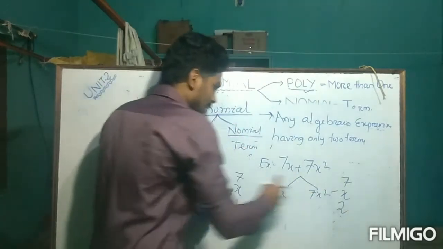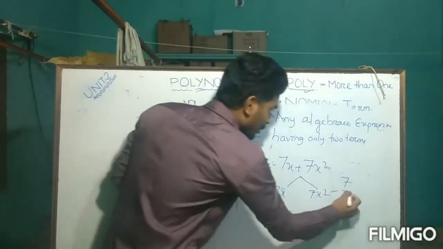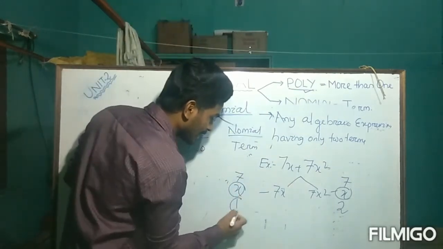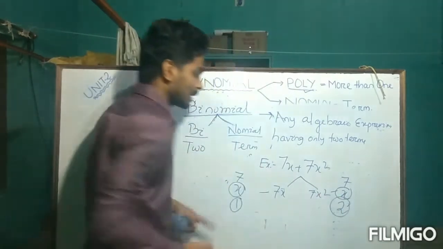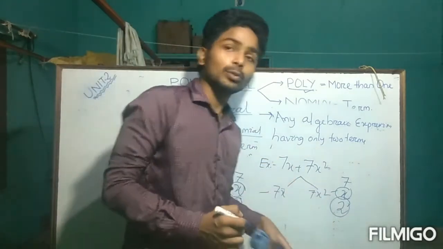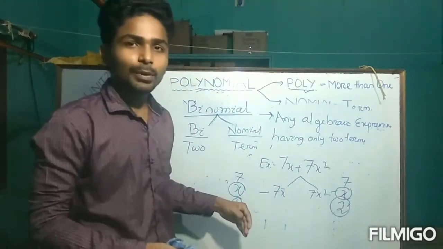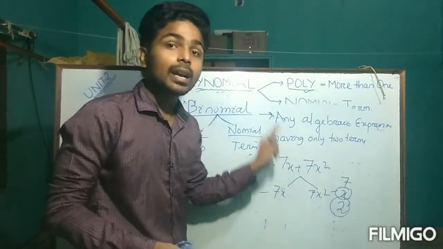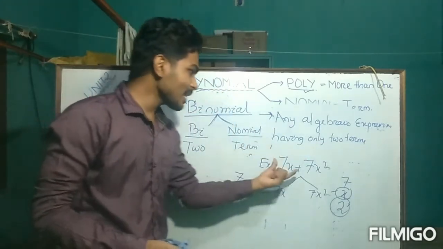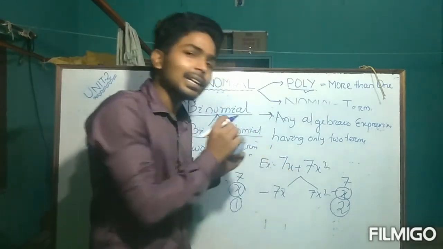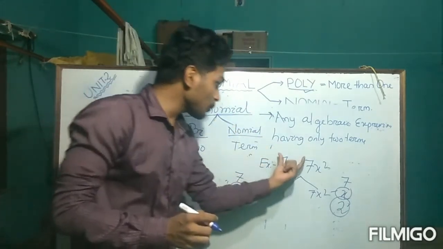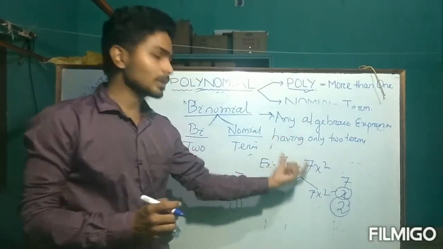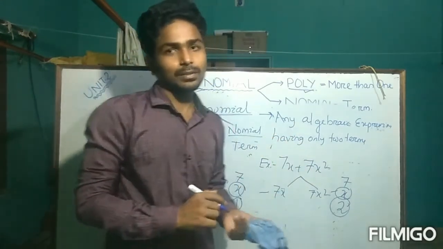In these two cases, they have the same variable but different exponents. Since they have different exponents, these two terms can never be like terms. They are unlike terms, so they cannot be added. Hence they form two terms. Since the expression contains two terms, it is known as a binomial expression.